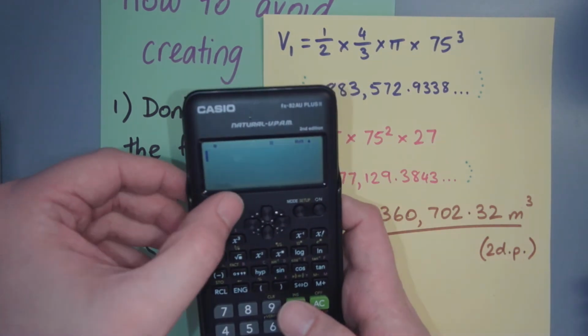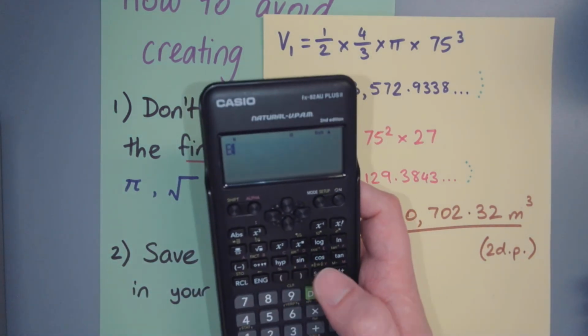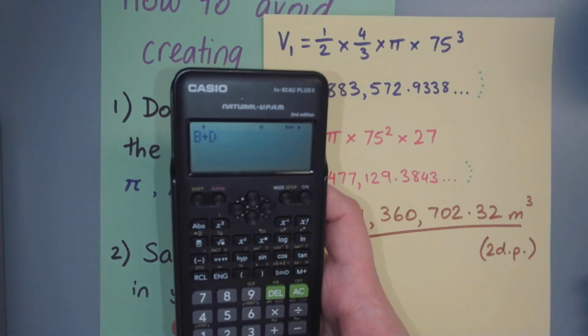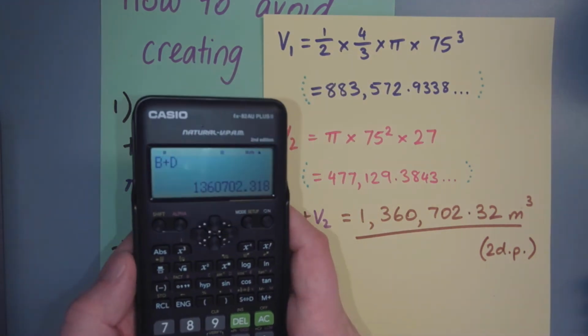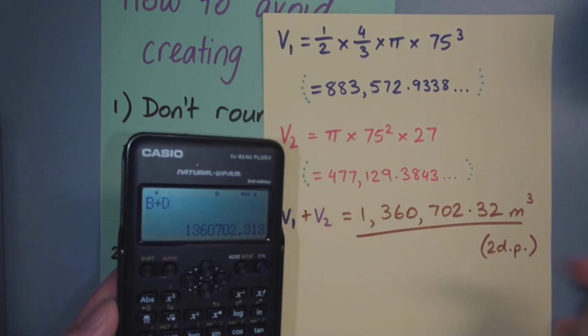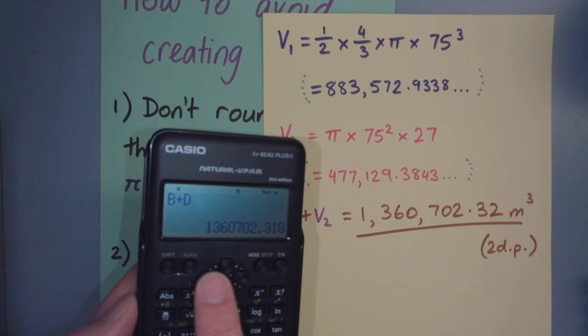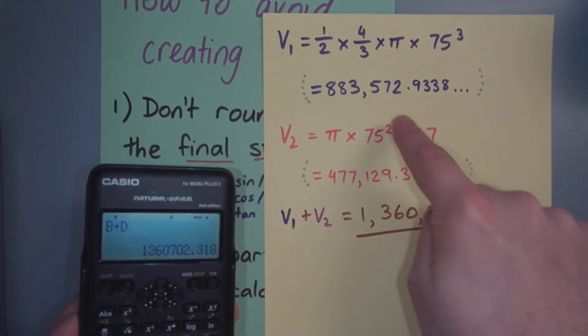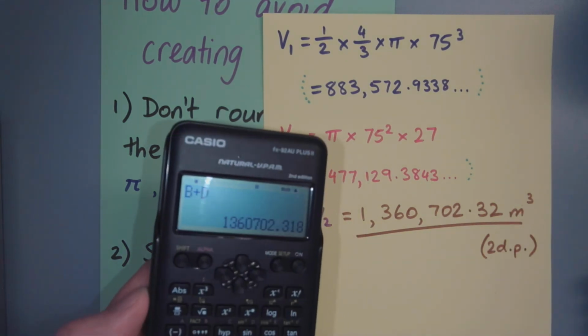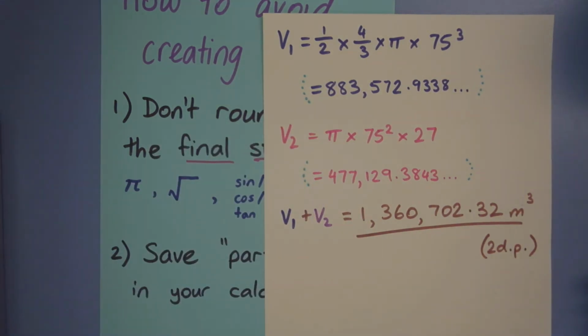So I can actually go alpha B plus alpha D, and my calculator will do the final step of calculation for me. And I can then do the rounding because it's my last step. So I didn't have to retype those numbers because the calculator saved it where I told it to save it. It's a pretty neat trick to get yourself out of trouble.